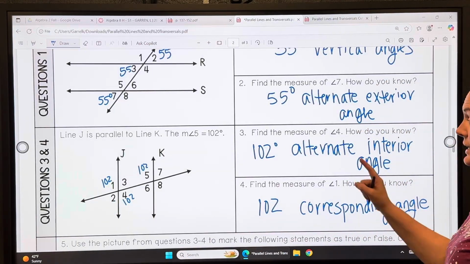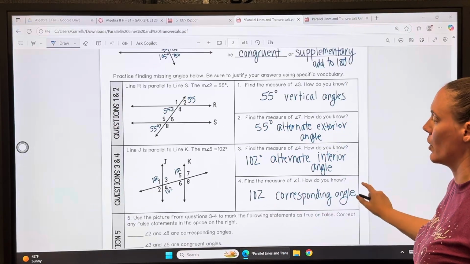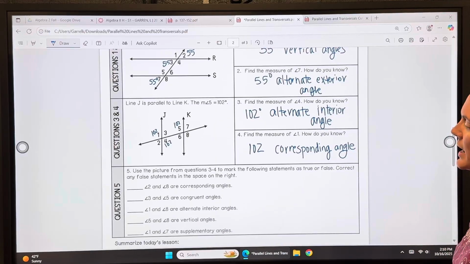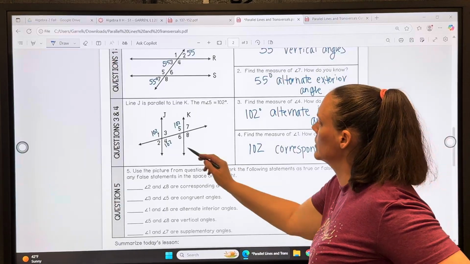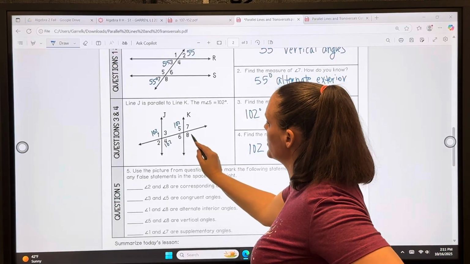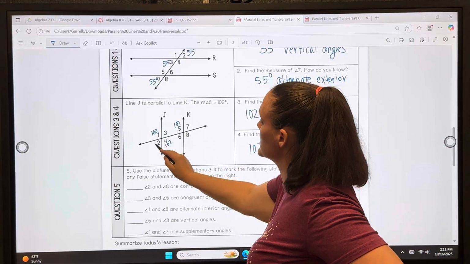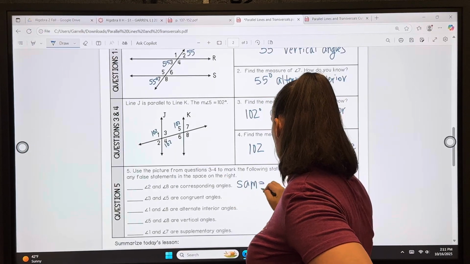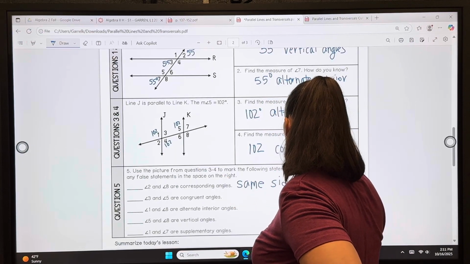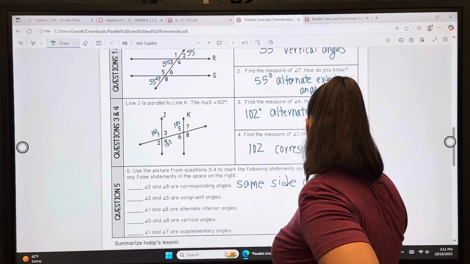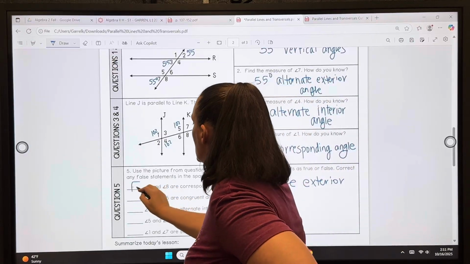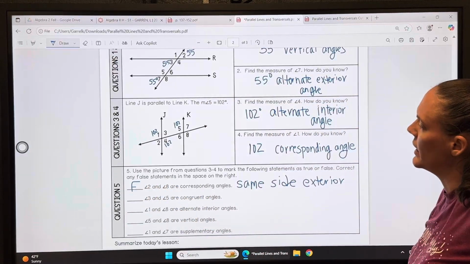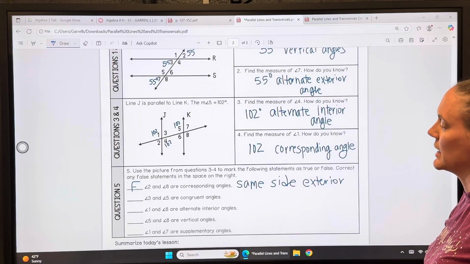All right, now we're going to continue using picture 3 and 4. And we're going to decide if these things are true or false. So 2 and 8 are alternate, no, same side exterior. So that one is false. 3 and 5 are on the same side interior.